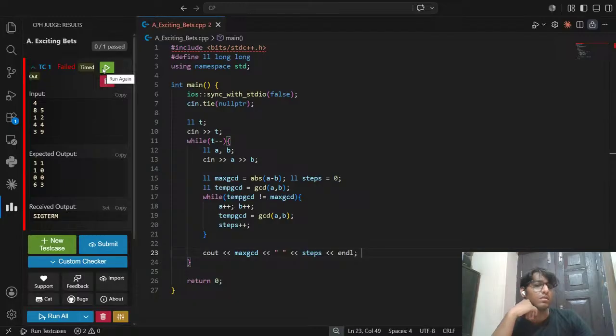Max GCD is equal to the absolute value of A minus B, and steps increase while GCD of A, B is not equal to max GCD.